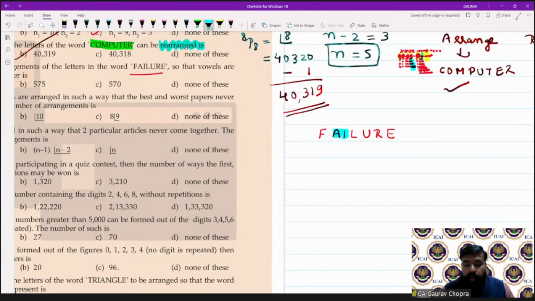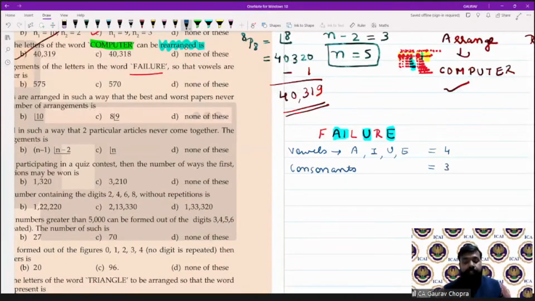A, I, U, and E. So 4 vowels are there. In this question, there are 4 vowels: A, I, U, E. And remaining are consonants. So consonants are 3.